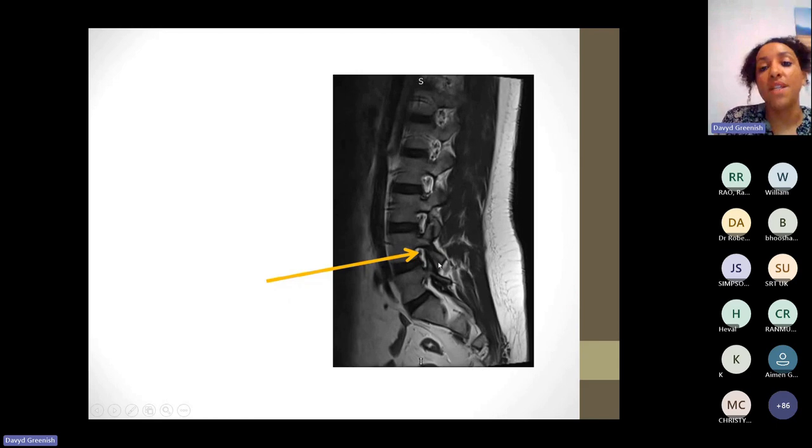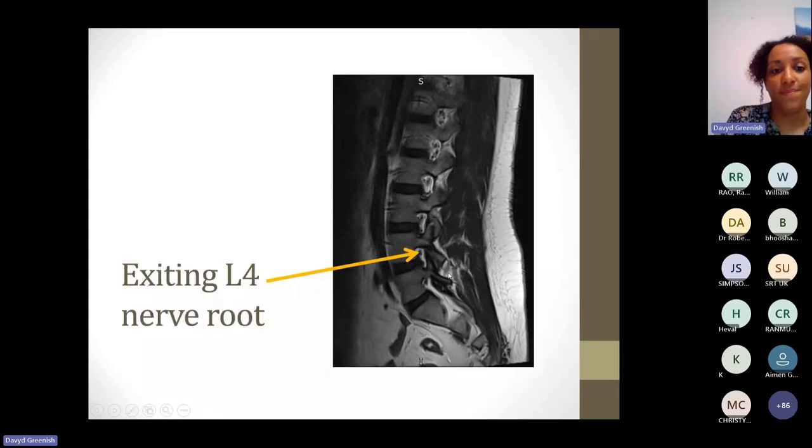And if you see this, we know that this looks like S1. We know that this looks like L5. I think that it's fair enough to say that this is L4, and therefore you've got the exiting nerve root coming out between L4 and L5, and so that's going to be your L4 exiting nerve root.